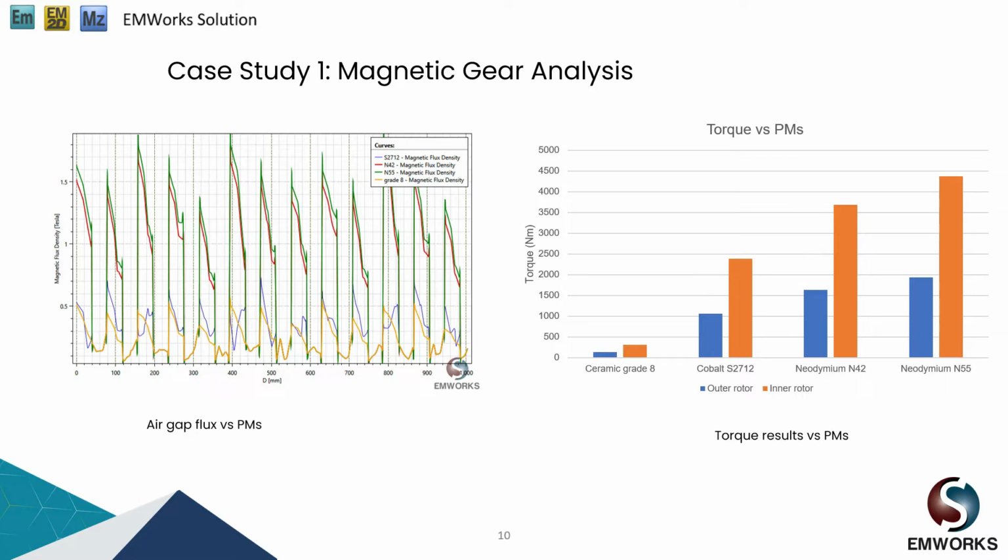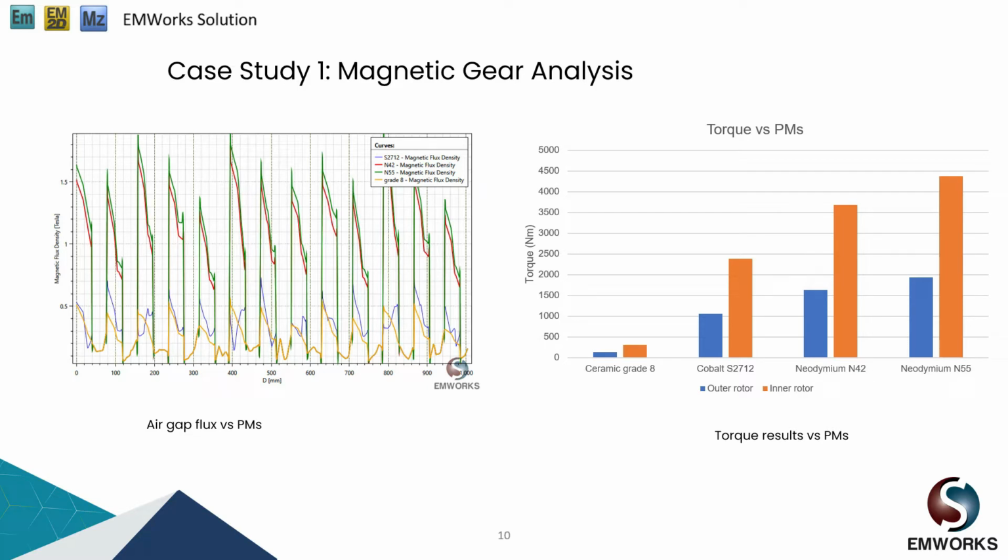So neodymium N55 magnet has the highest remanence, around 1.5 Tesla, while the neodymium N42 has a lower remanence, while the grade 8 ceramic magnet and cobalt magnets have much lower remanence.